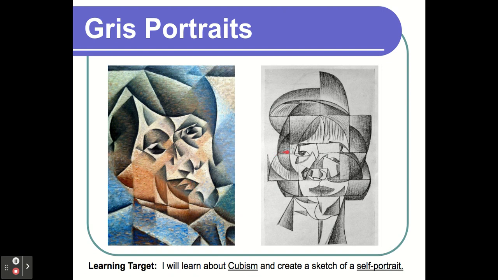Look at this drawing by Gris. Here, it's almost like he divides the space or fragments the space using different squares and different rectangles. And then again, we see that the facial features like the eyes don't quite match up. And we're looking at the nose from several different points of view. It almost reminds me of looking at your face in a broken mirror.